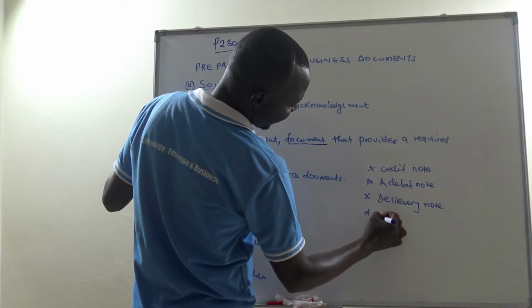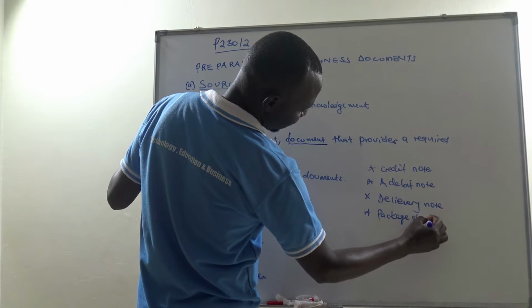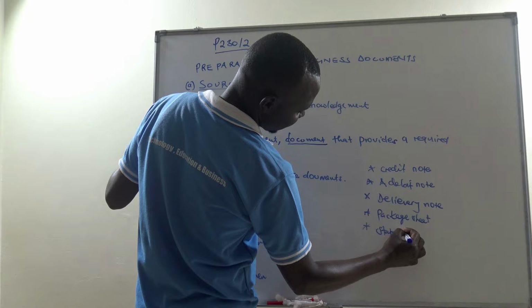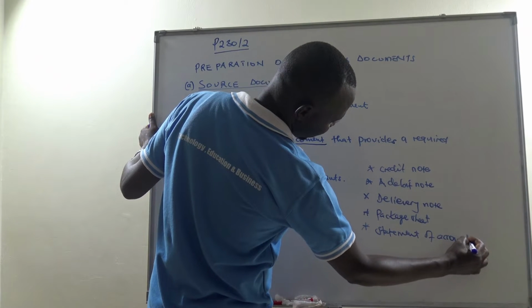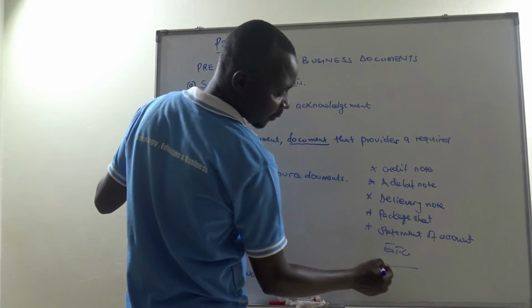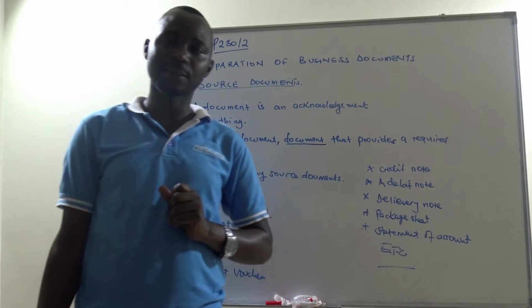We have a package sheet. We have a statement of account, etc. We have got very many source documents.